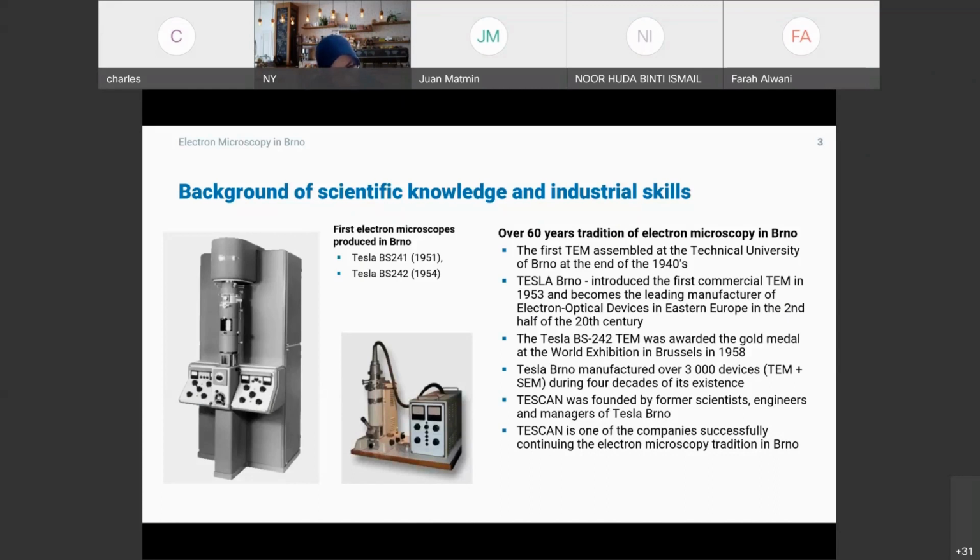So the origin of the microscopy is from Brno, in the Czech Republic. This Tesla group lasted a few decades and came to a point where they dissolved. Then they formed a few companies, 3 companies to be exact, and one of them is Tescan. From there onwards, Tescan started to venture into scanning electron microscopy.